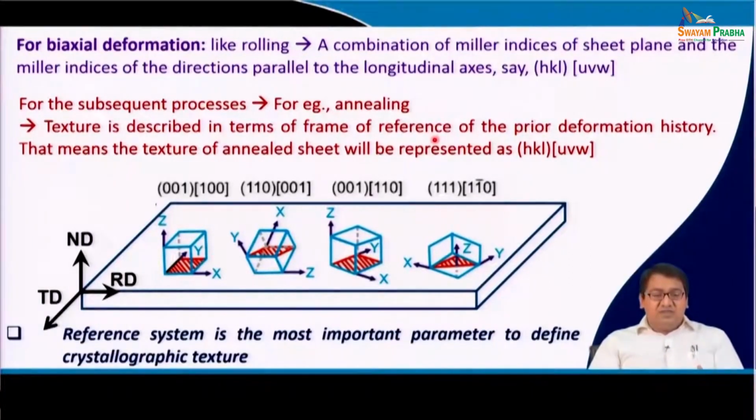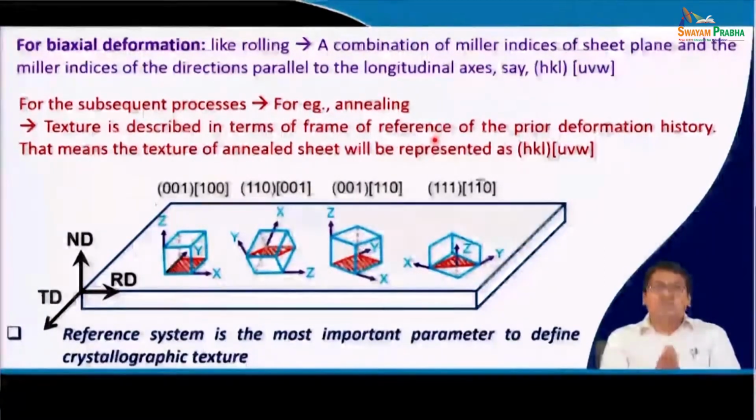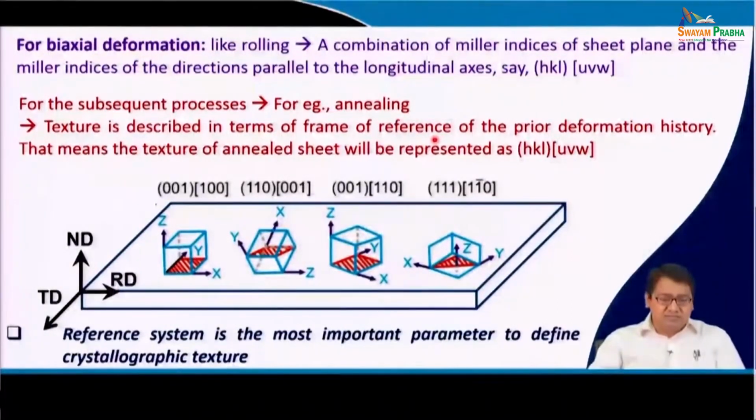Even if the previous processing is not rolling but some other process, the texture is represented in the important sample reference direction of the previous process, and therefore, in this case it will always be HKL UVW even after the annealing. See, here is an example of a sheet metal.